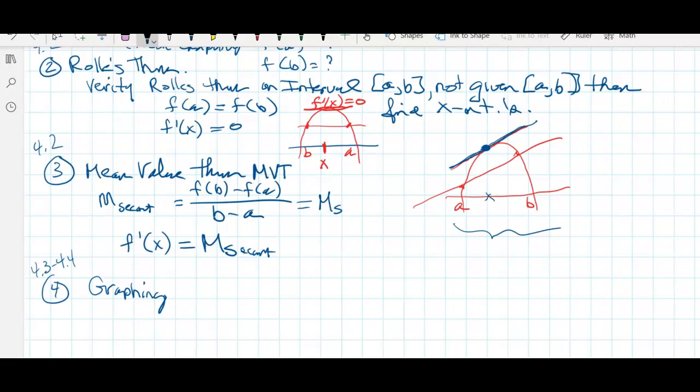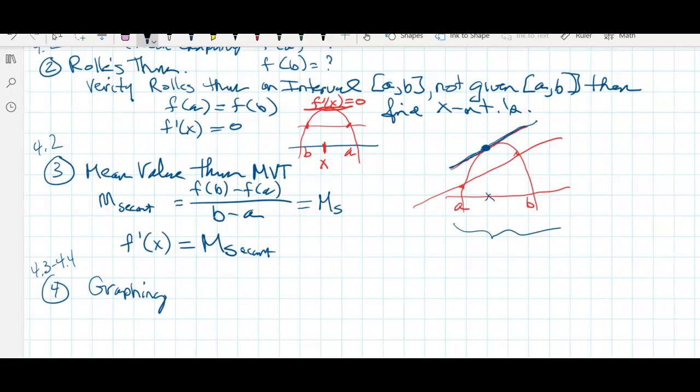Remember, derivatives can be anywhere along here. We want the specific one that has this slope. So when you solve for it, you're going to end up with that x value. And you're verifying it, meaning you're showing me it is between your a and b you're given.